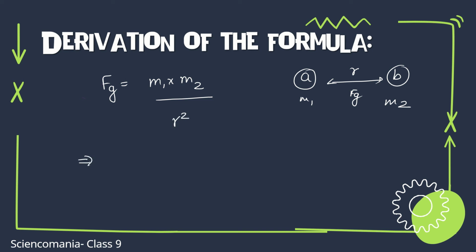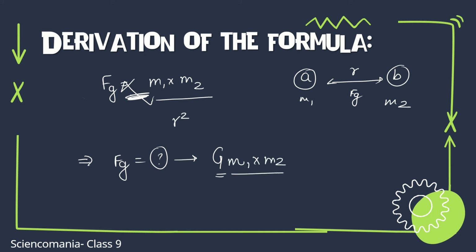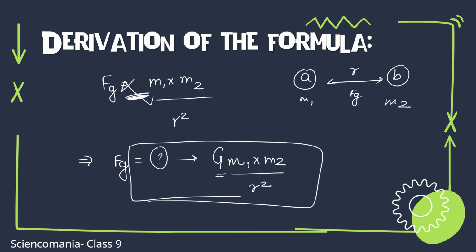This implies Fg is equal to, now we need a constant here to remove this proportionality sign. So what should we write? Here, we write capital G. This G we'll learn about in the next slide. So here G will be a constant, and m1 m2 upon r square. So this is the formula of gravitation.